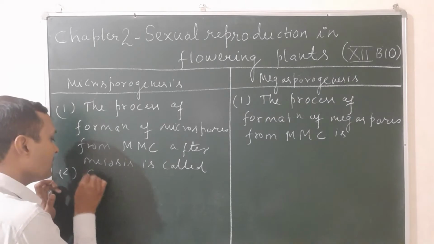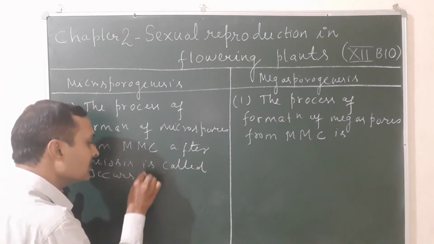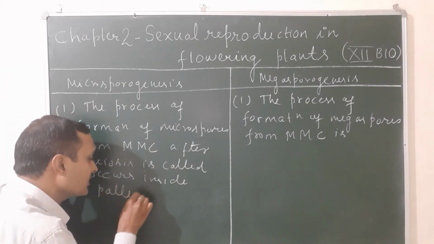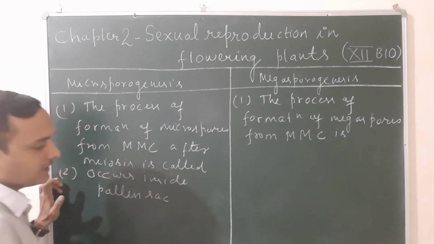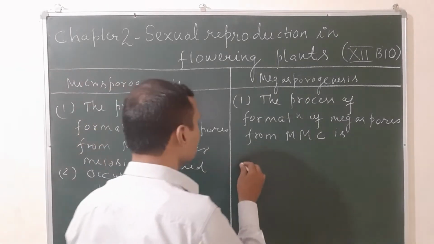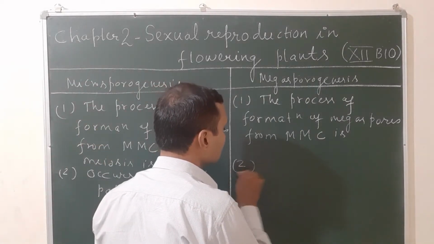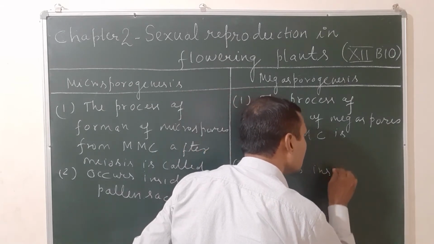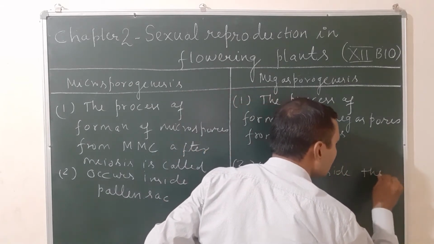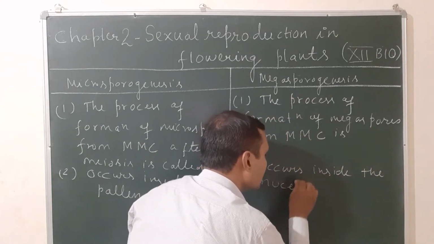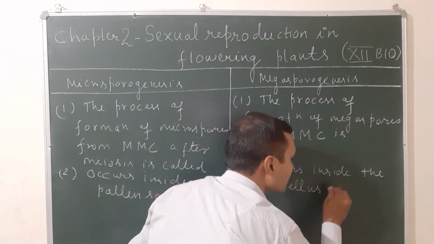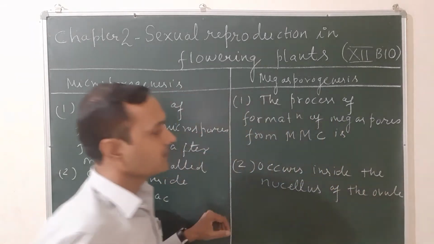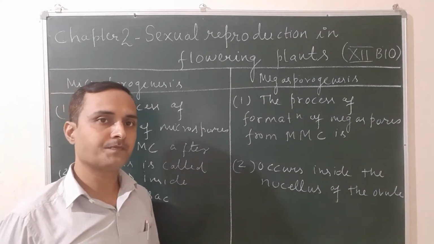Microsporogenesis occurs inside the pollen sac or microsporangium, and megasporogenesis occurs inside the nucellus of the ovule.